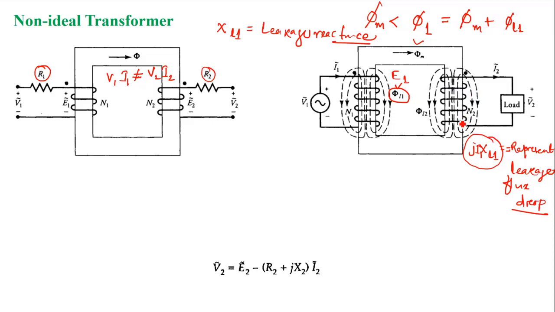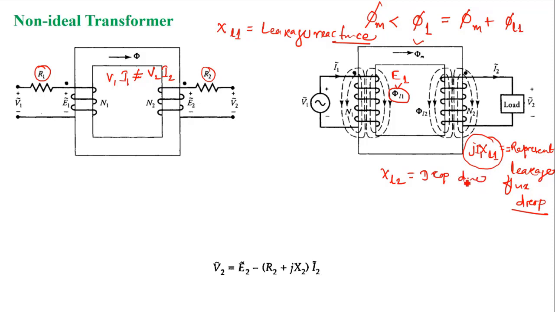Similarly, in the secondary side also, whatever voltage is induced, E2, will not be transferred to V2 because of this leakage reactance, because of this leakage flux. So there will be a drop. Therefore I can write XL2 as the representation of the drop due to the leakage flux in the secondary winding.